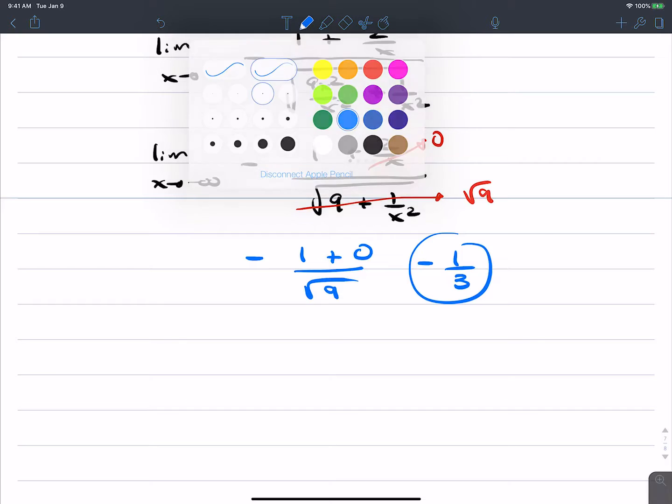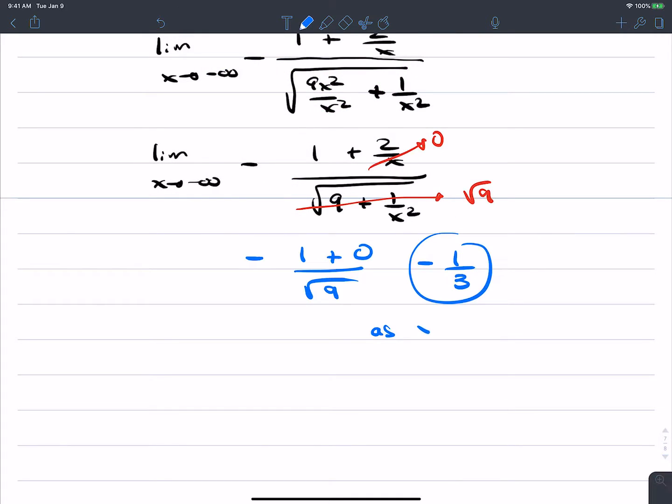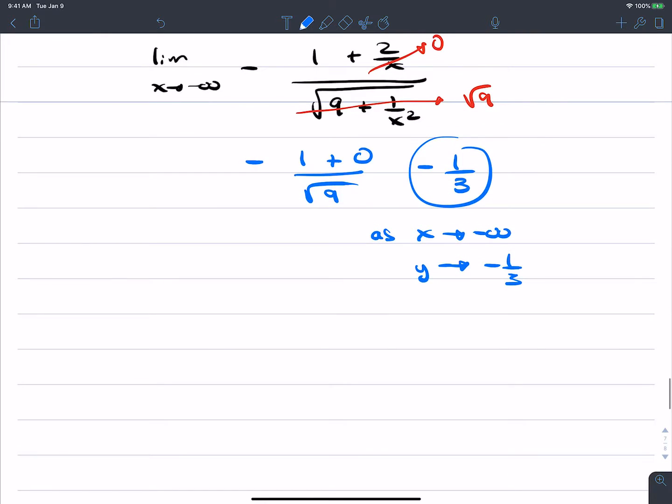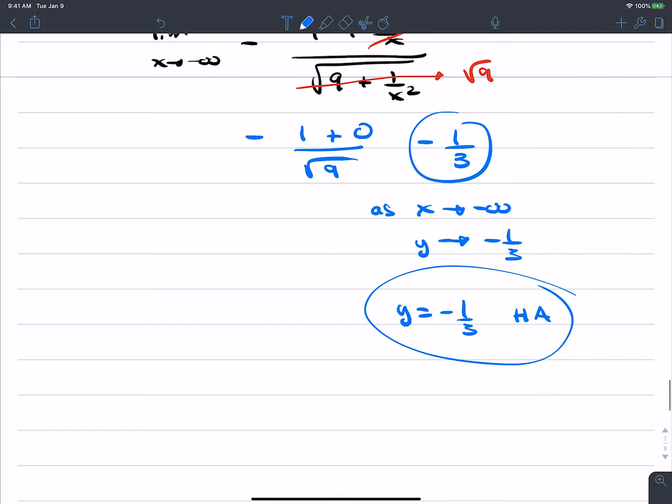So what this means is, as x goes to negative infinity, my end behavior is different. It goes to negative 1/3. So at this point, we have another horizontal asymptote. That's the line y equals negative 1/3, and this applies as x goes to negative infinity now.